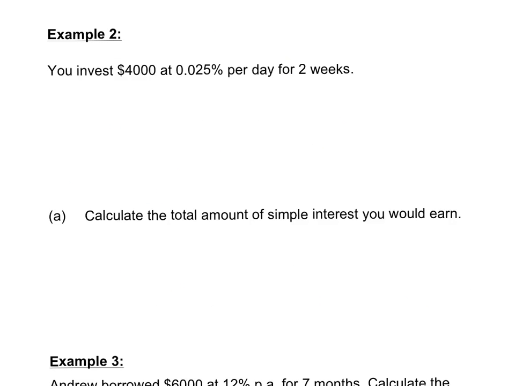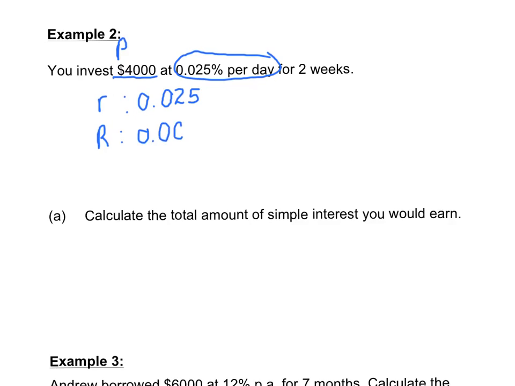Example 2. You invest $4,000, that's the principal, at 0.025% per day. So if I use the lowercase r, which means I'll have a divide by 100 in my formula, I can use the 0.025 just the way it is. If I already want to divide by 100 now, I can use uppercase R and I'll have 0.00025.